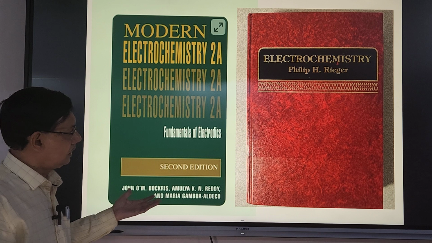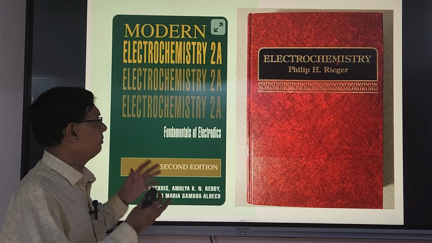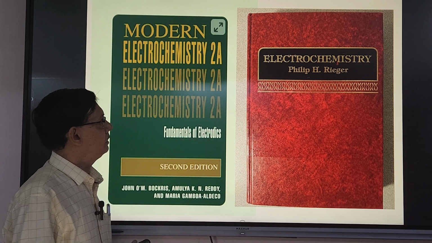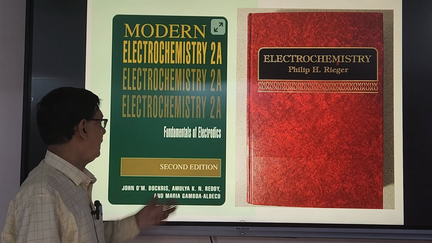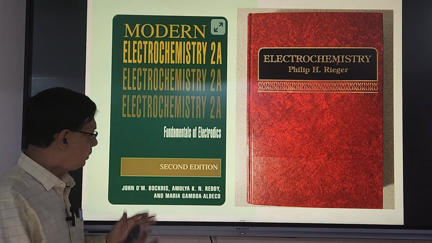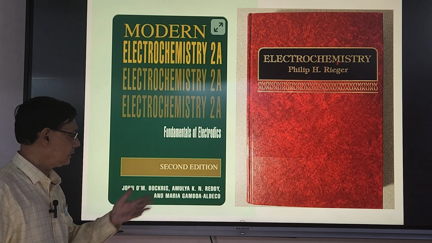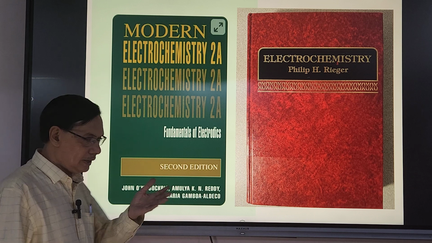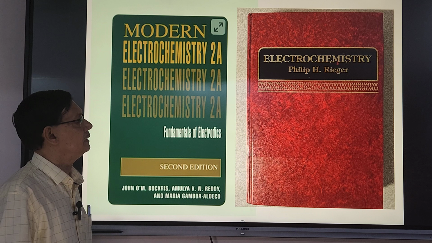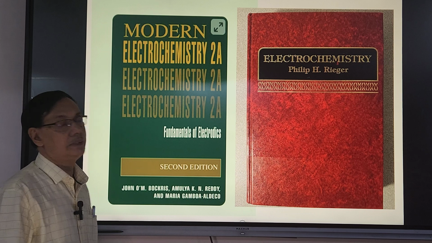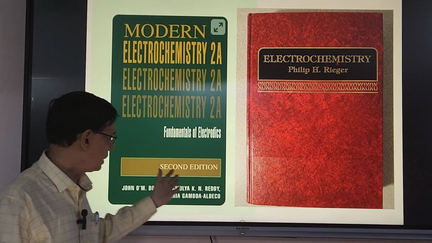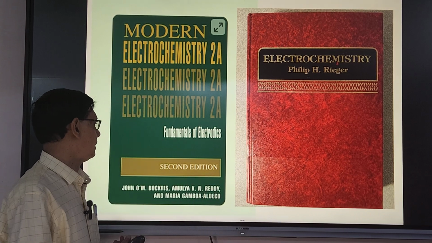And I have already told you that my most favorite book is Electrochemistry by Philip Rieger, and as the most important book, Electrochemistry 1 and 2. For the Butler-Volmer equation and other things, I have already discussed electrode kinetics, the electrode interface, the electrified interface, polarized and non-polarized electrodes, because that is also related to some extent to the Butler-Volmer equation.